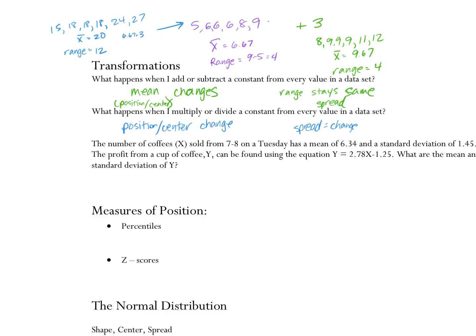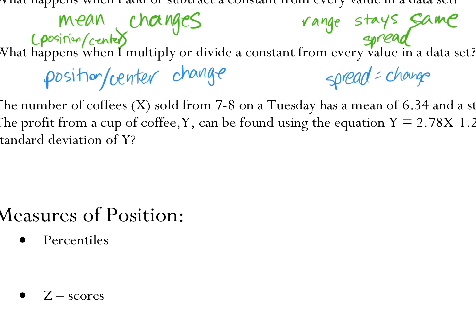And so now I have 2 operations. The first thing I'm going to do is 2.78 times x. If I multiply by 2.78, what's going to happen to my mean? It will also get multiplied by 2.78.